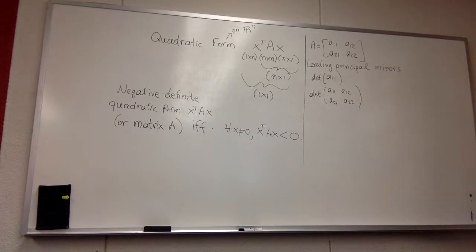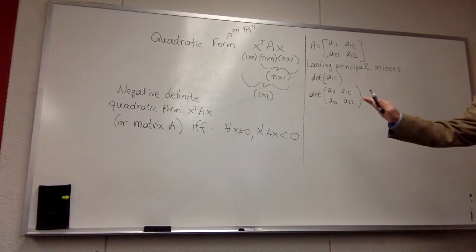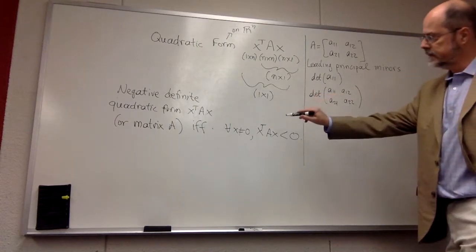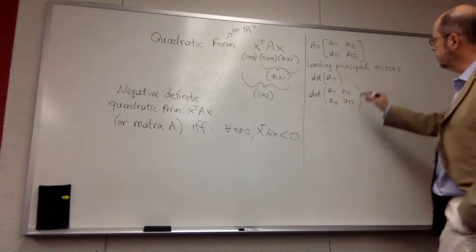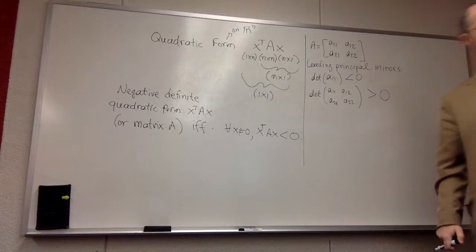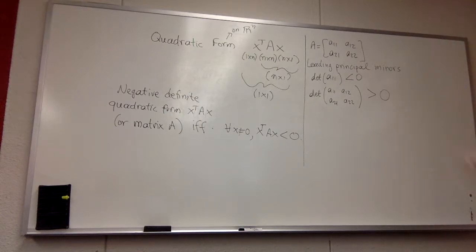So, having had this now on the board, here are the conditions we want to ensure. This is actually an if and only if theorem. The quadratic form is negative definite if and only if this is negative and this is positive. And it is the positive part that confuses people.